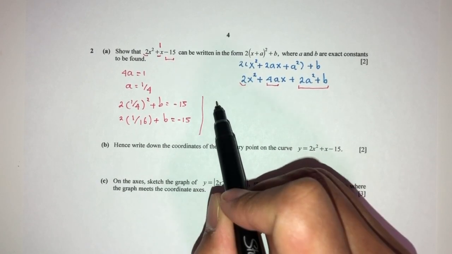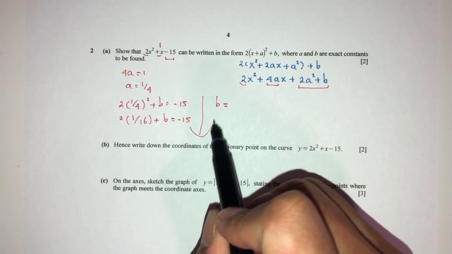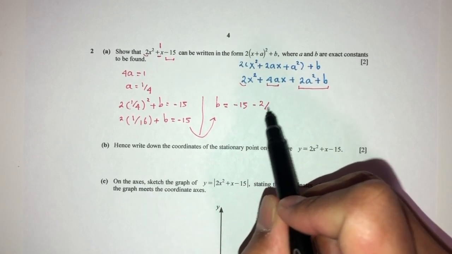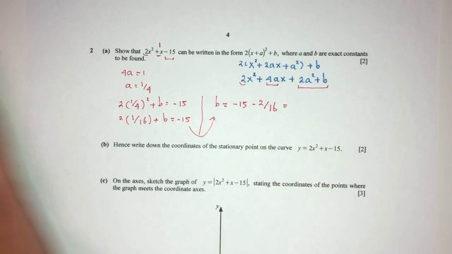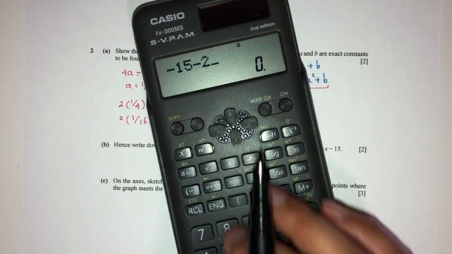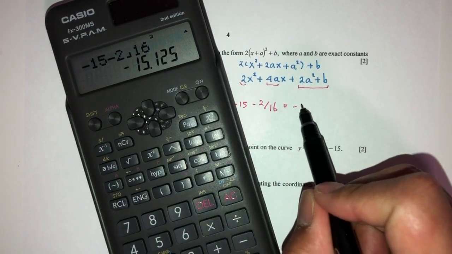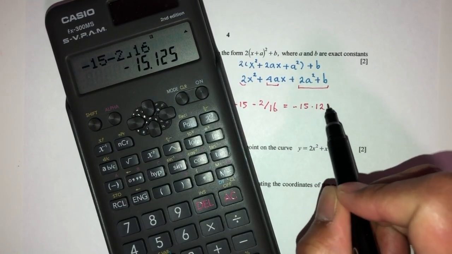So continue over here. b will have to be minus 15 minus 2 over 16. Let's see what happens. So minus 15 minus 2 over 16. That should give you minus 15.125.